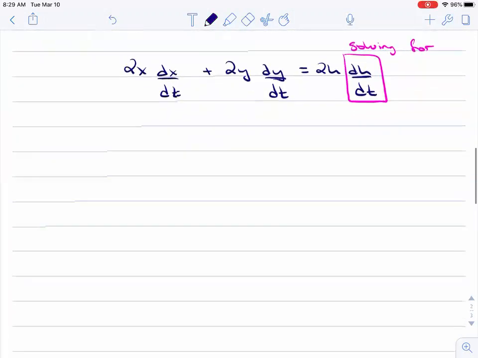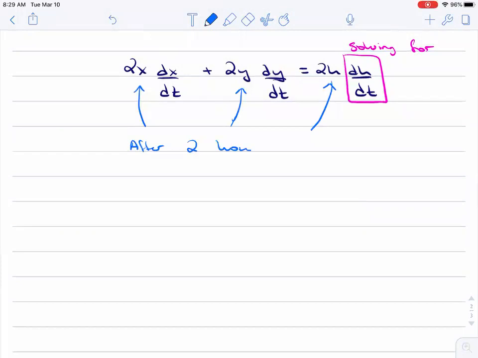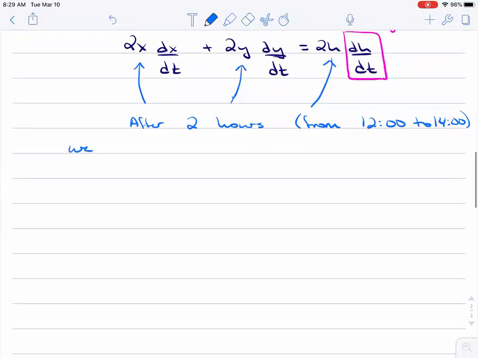So here, x, y, and h, after 2 hours, from noon to 2, we can find x, y, and h.